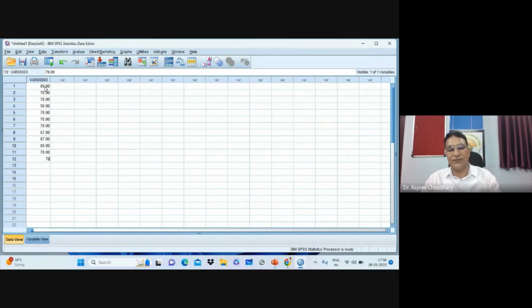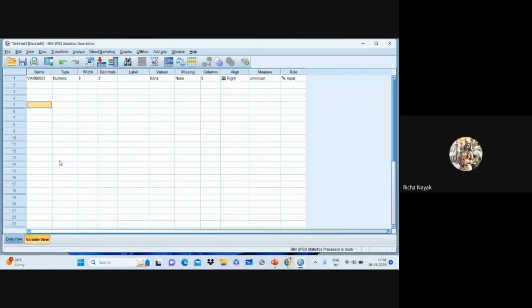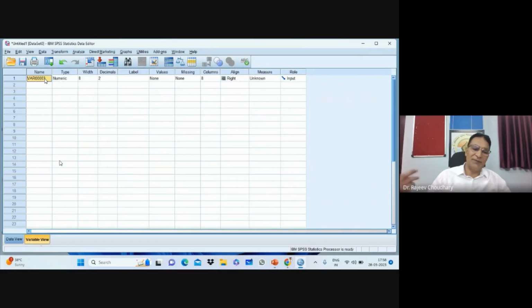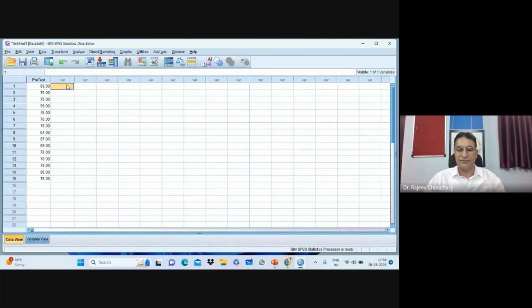On the same 15 subjects, you conducted the study. These are the scores of the pre-test, which is the first observation. Now, in the second column, write down mid 1.